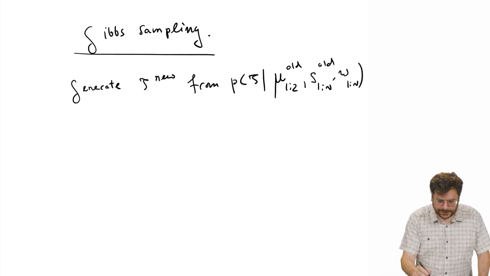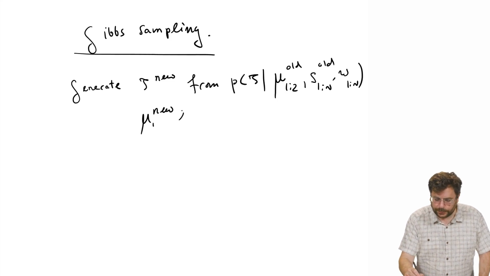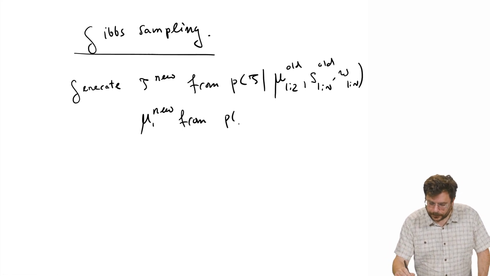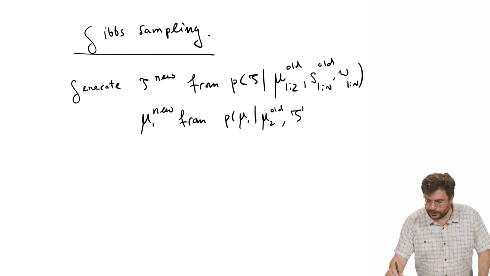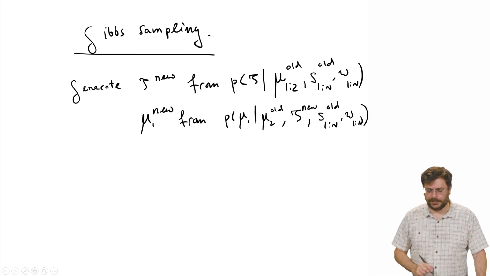Now, after this Gibbs step, we will generate a mu1 nu from P of mu1 given mu2 old, tau nu, because now that's just been updated, S1 to n old, and W1 to n, our data, which are just numbers.